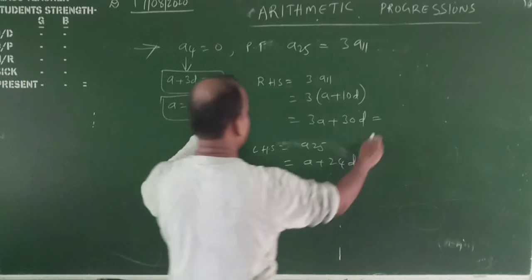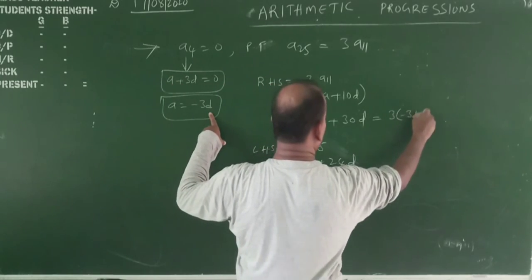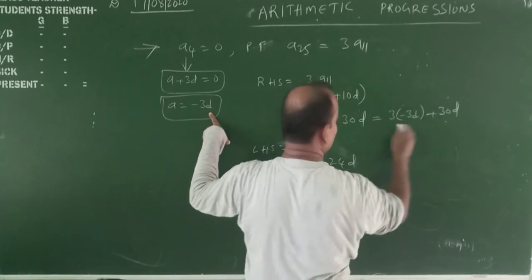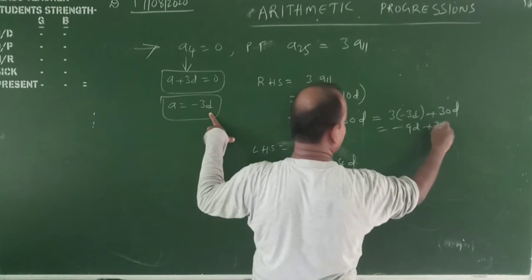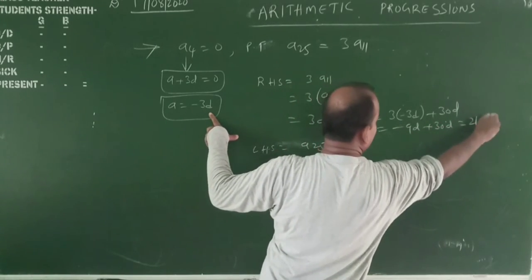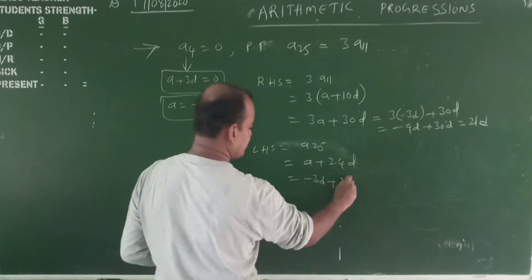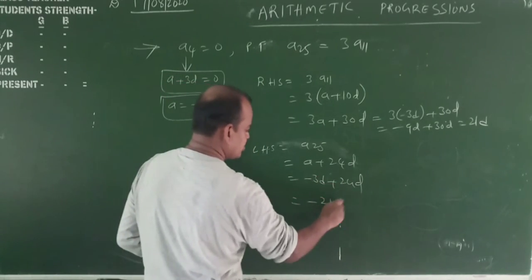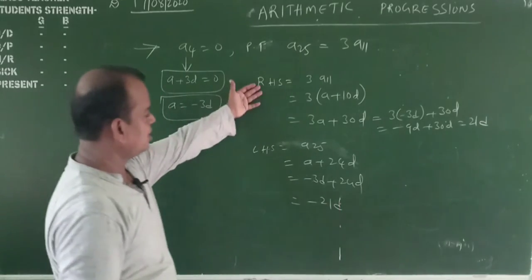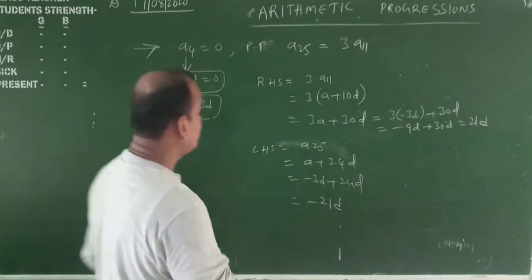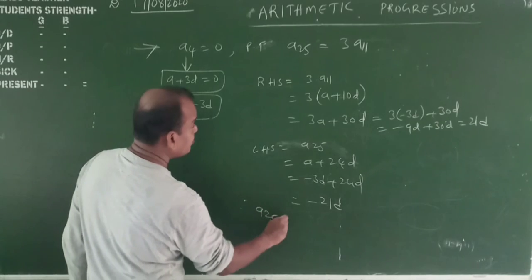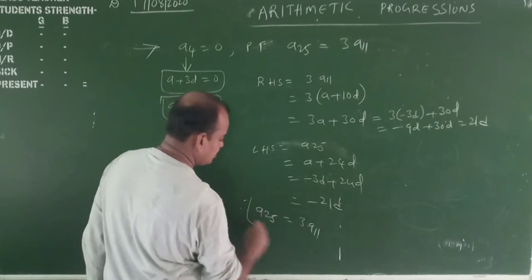So 3 into minus 3D plus 30D equals minus 9D plus 30D, which equals 21D. In the LHS, A plus 24D is minus 3D plus 24D, which equals 21D. Observe that RHS is equal to LHS. Therefore, A25 is equal to 3 into A11.